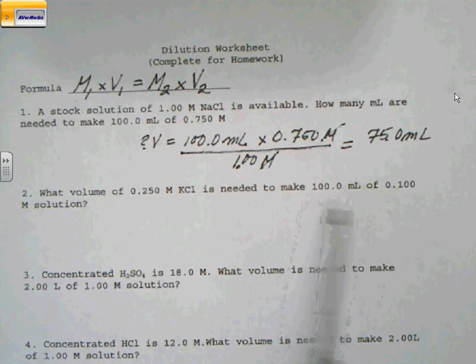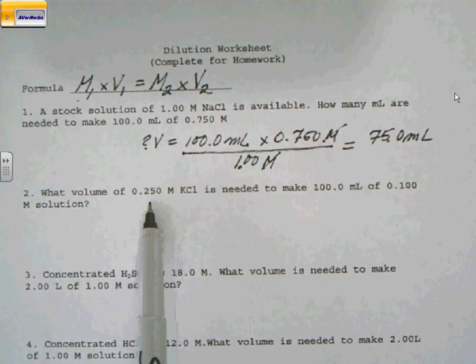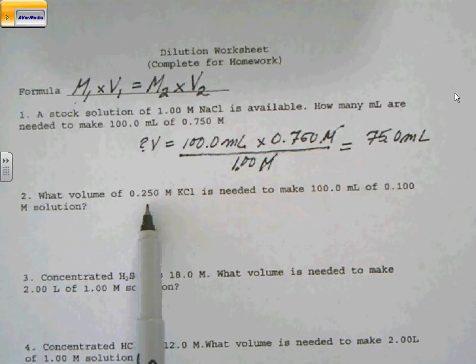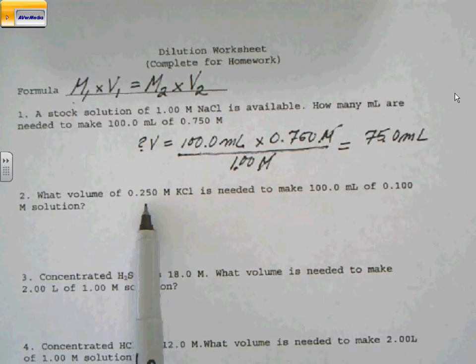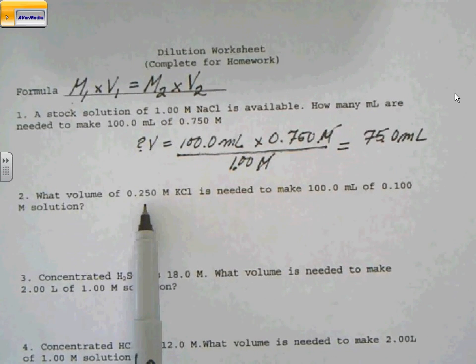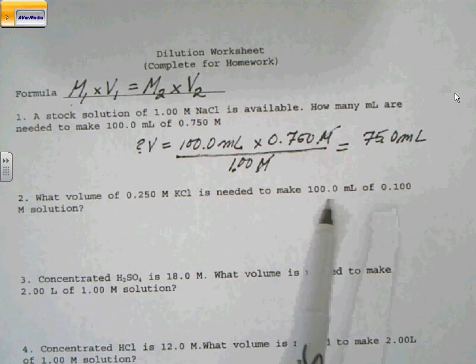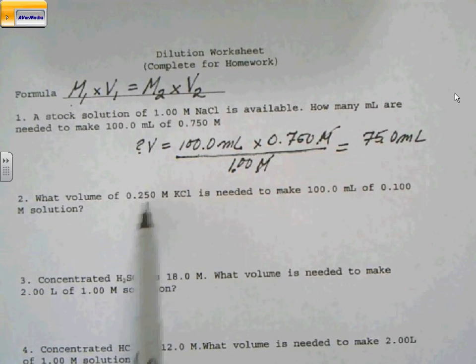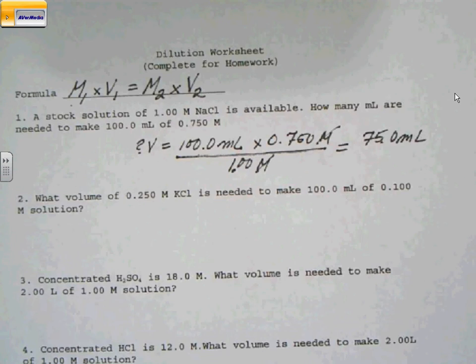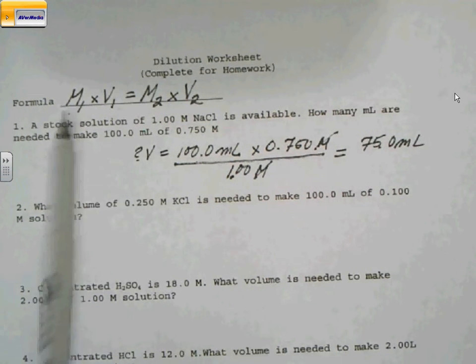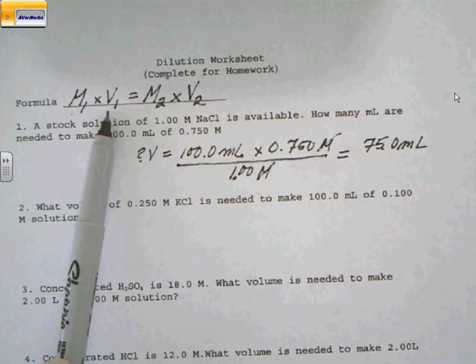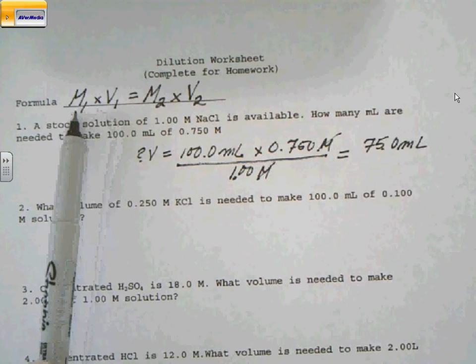You're going to multiply these two together, divide by that, and it's going to give you the volume you need. You're basically just isolating that variable. You're taking the molarity of the second and volume of the second and dividing by the molarity of the first. Simple algebra, I think.